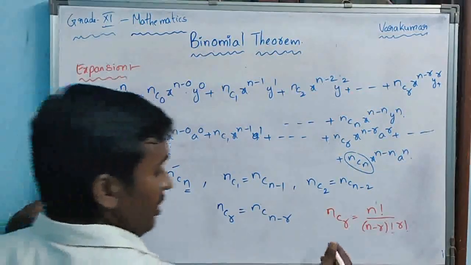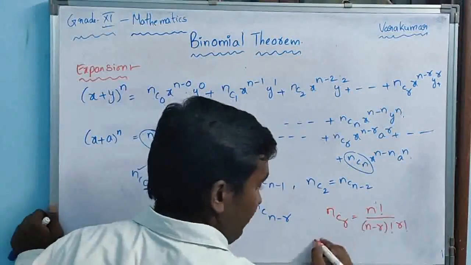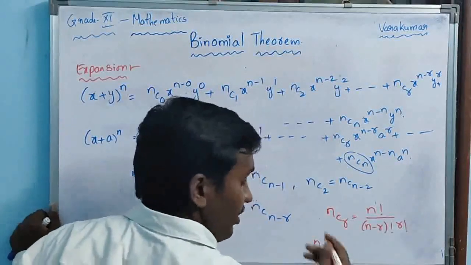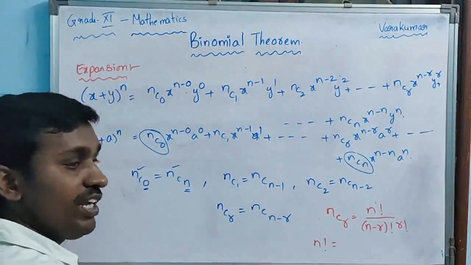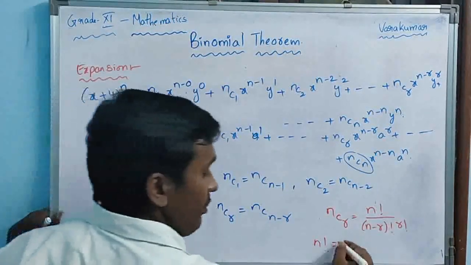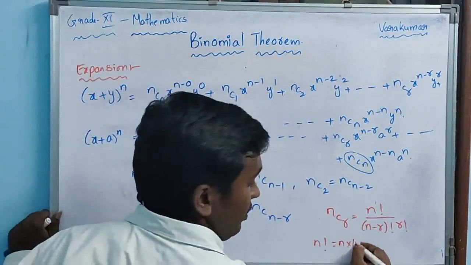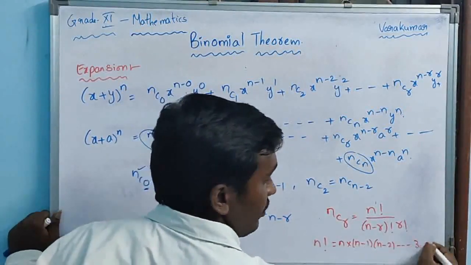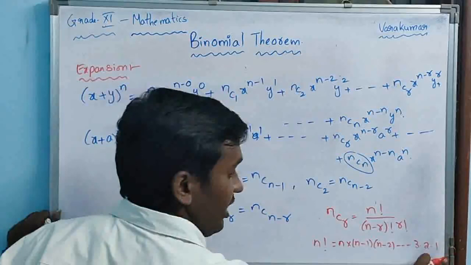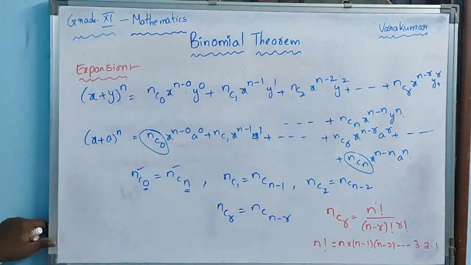So what is n factorial? You can start it from n and go to 1, or start with 1 and go to n. I always write it as n into (n minus 1) into (n minus 2) into up to 3 into 2 into 1.